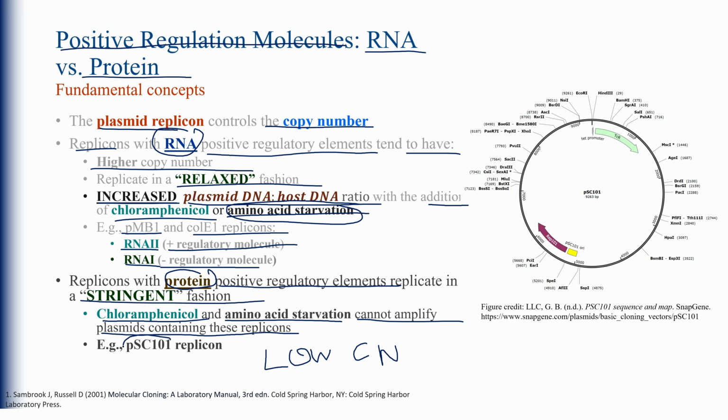So the PSC101 plasmid or PSC101 replicon would be an example of a replicon that has a positive regulatory molecule or element that is a protein. Here to the right is again the PSC101 plasmid with the PSC101 replicon, and this replicon would consist of the PSC101 origin of replication, as well as all the control elements, which include the rep 101.